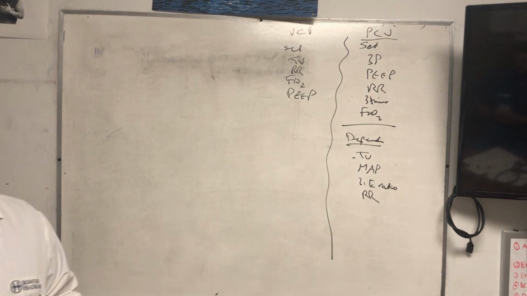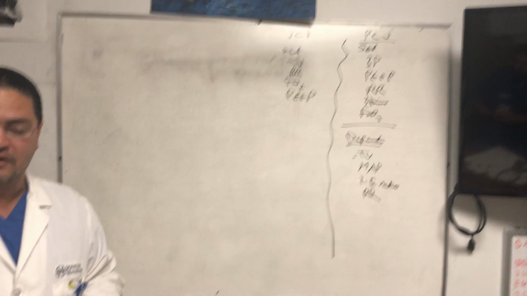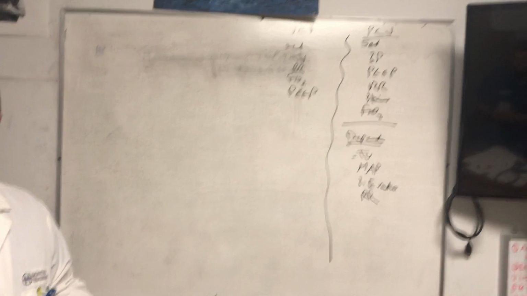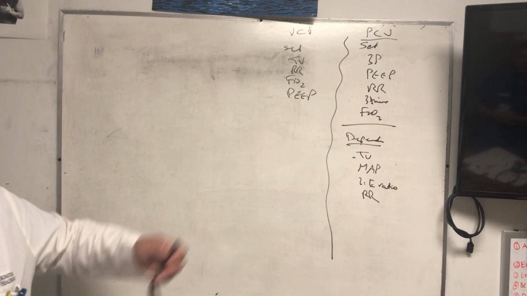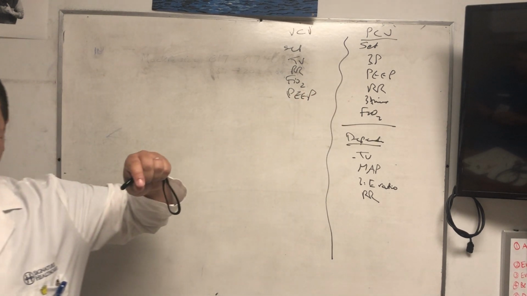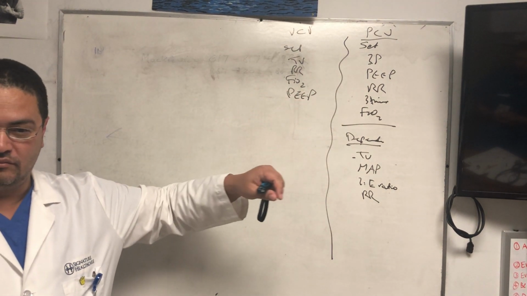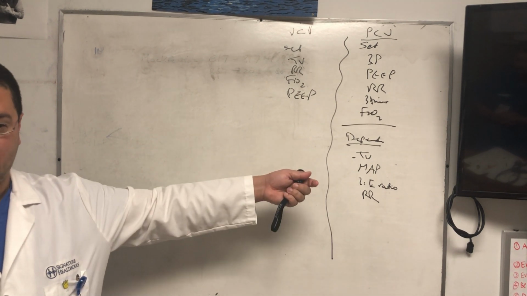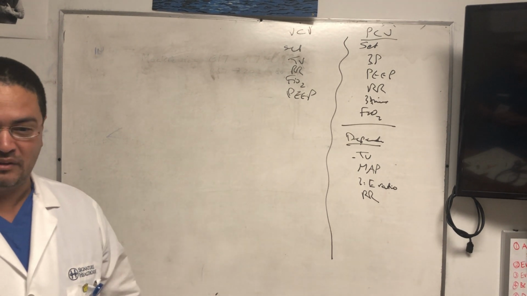Never say peak and plateau in any pressure-driven mode, because it is implied that the inspiratory pressure plus PEEP equals the peak and equals the plateau. So it's implied. I can calculate 25 plus 10 equals 35. I don't like math, but I like math.